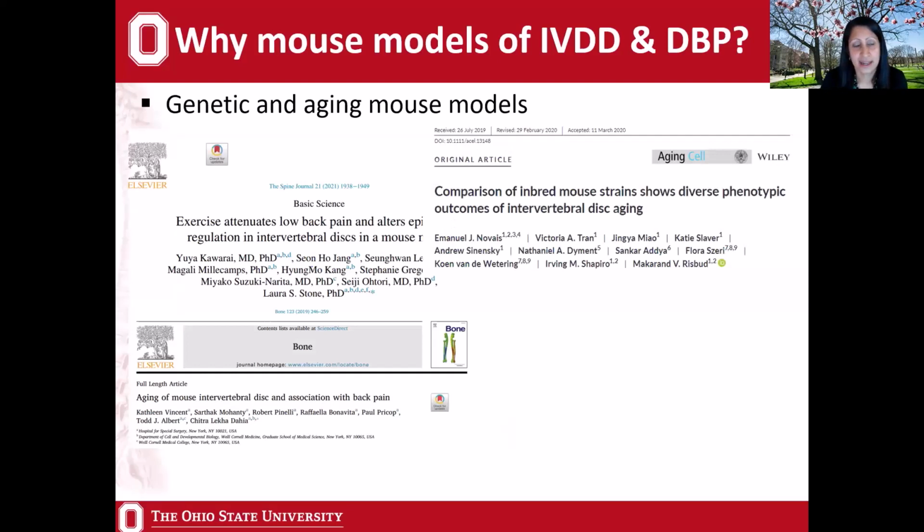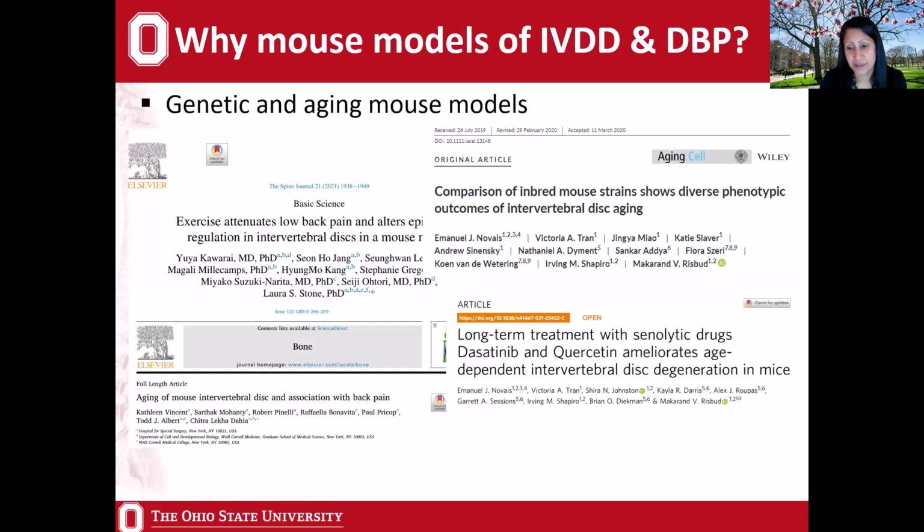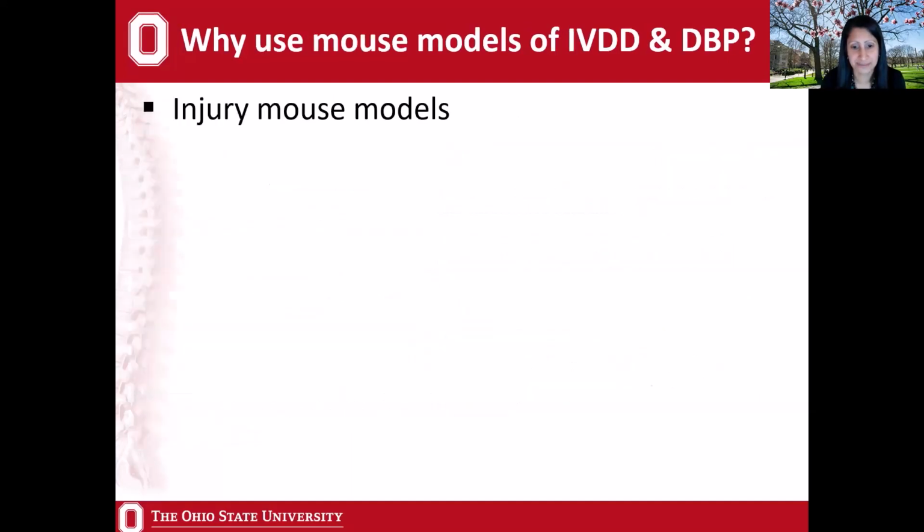Combining the two, aging and genetics, Makarand Risbud's group has looked at inbred strains and how they show phenotypic diversity with aging. And then we're able to test different drugs, such as senolytic drugs, on these age-dependent mouse models. So aging and genetic models are pretty common and widely utilized.